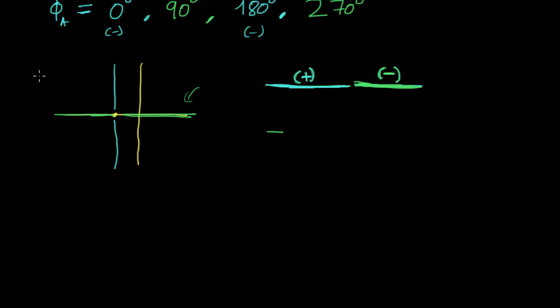So if there are two more poles than zeros, or two more zeros than poles, the negative root locus has these asymptotes, and the positive root locus has these asymptotes.